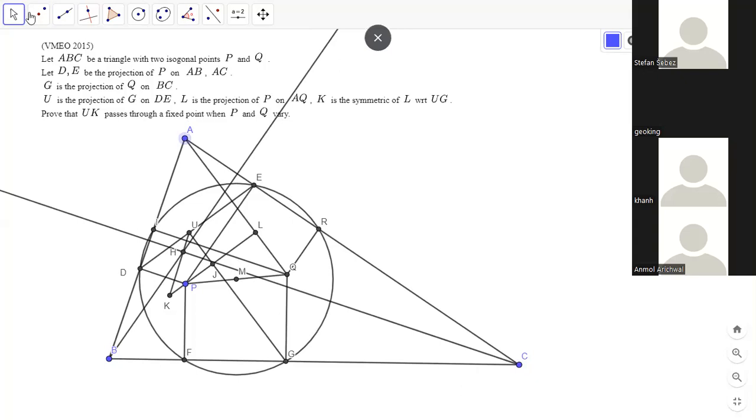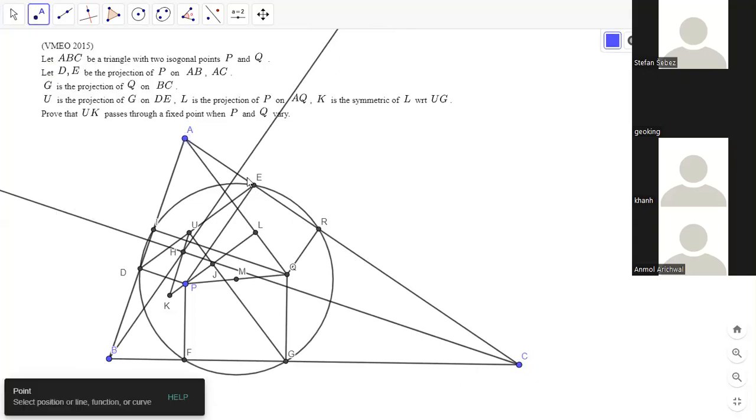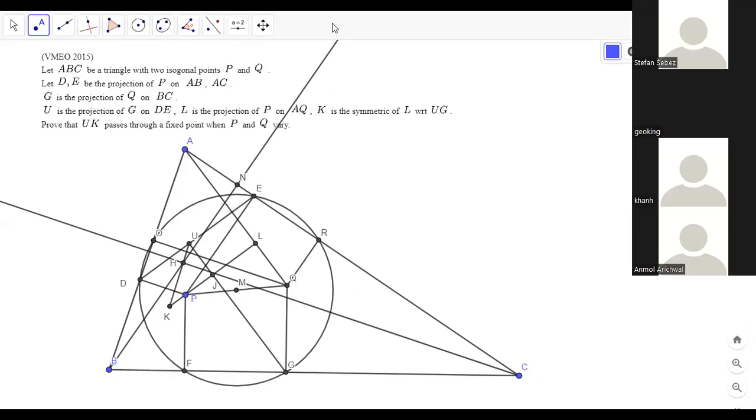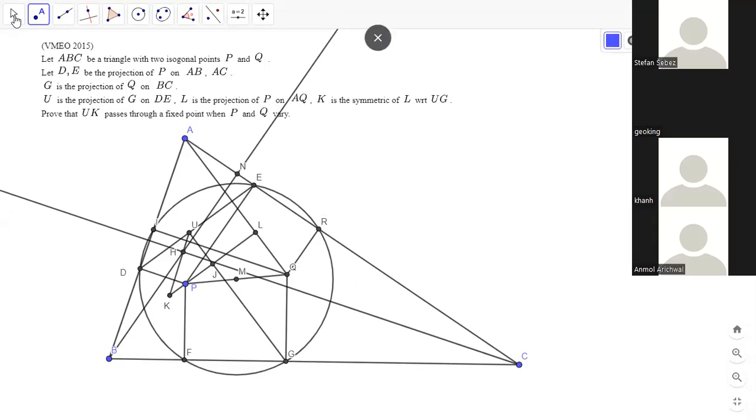I think I might rather just draw in these 2 points. Steiner line. Sounds like an interesting idea.